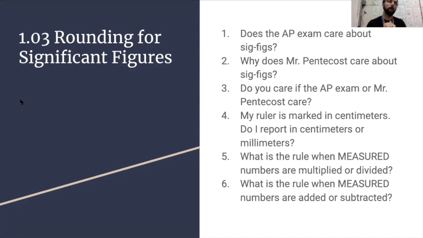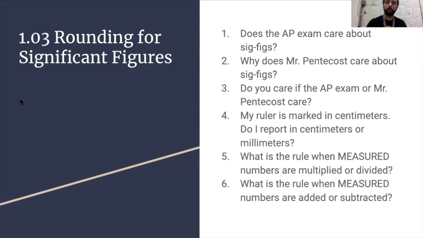Now, if I were you, I would do the problem as precisely as you'd like and wait until you get your final answer to actually round. Because if you start rounding every step of the way through the math problem, you're going to get a different answer. So don't round until you're completely done.